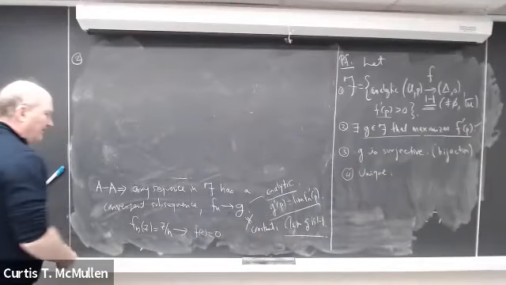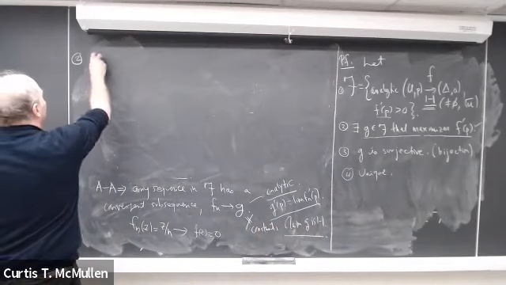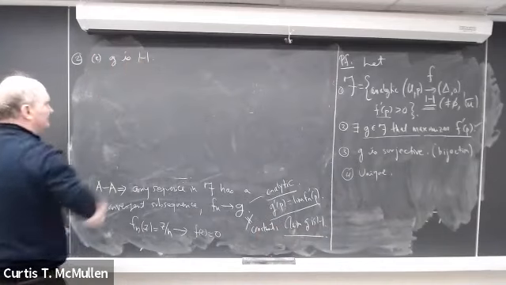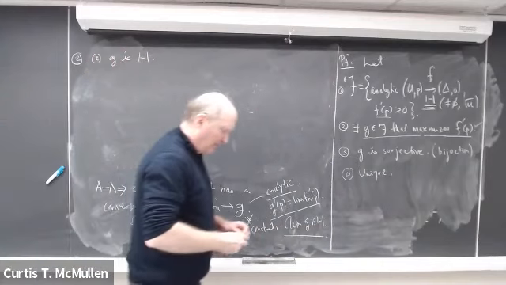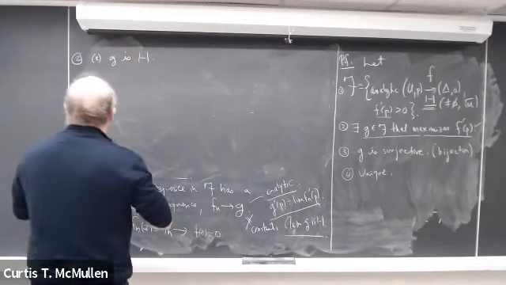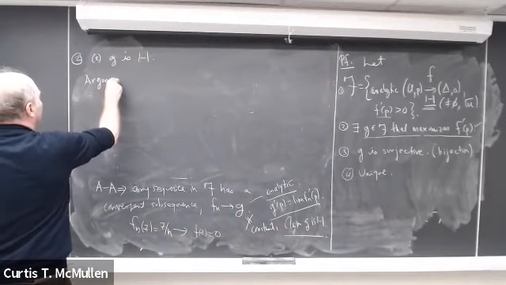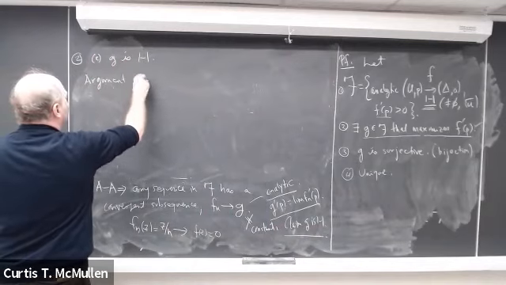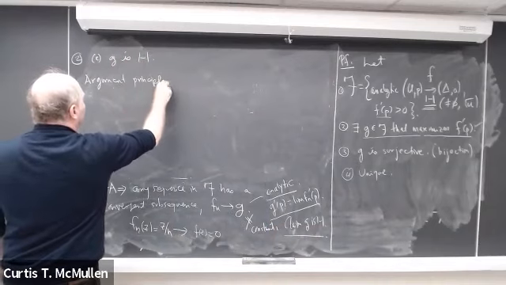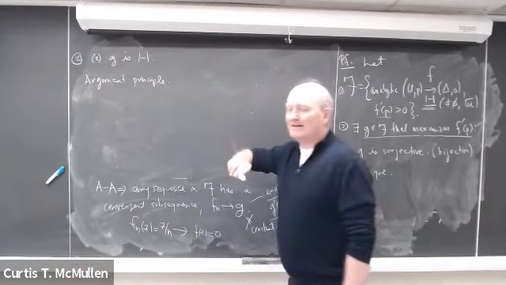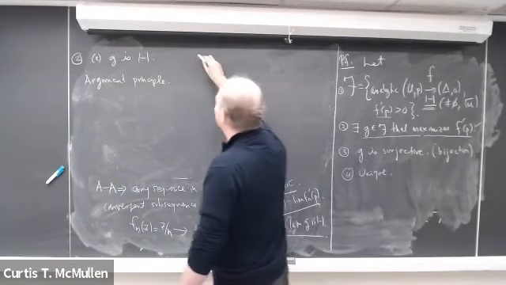So for this last step, maybe this is E, G is one-to-one. We're going to use the argument principle. And let me remind you what this says. So first, I should say a word about why it's obvious that G is one-to-one.